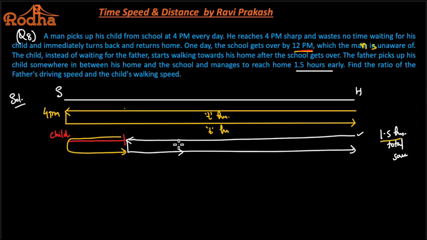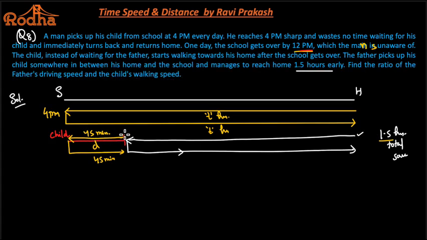That means the time taken by the person from this point to this point should be 45 minutes, है ना? And going back again is 45 minutes. Then only, right? So obviously then only 1.5 hours is saved. That means the child has walked some distance d, and because of that distance d, he saved 1.5 hours.